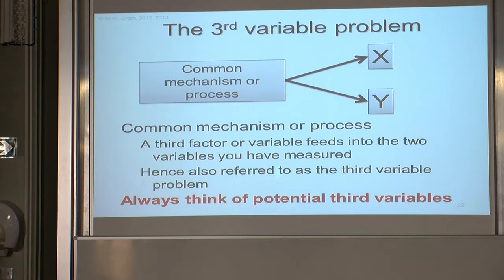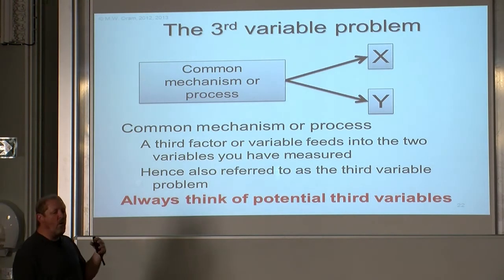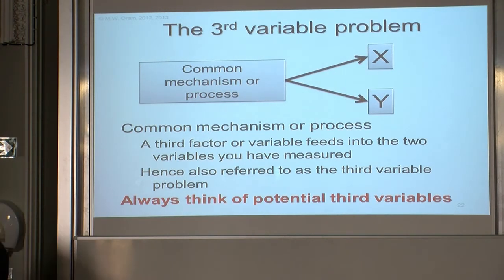In other words, anything where you see covariation, as one variable changes, another one does, automatically get in the habit of just going, it's a third variable. What could I put in? A common mechanism or process that drives both those variables that I'm actually measuring.